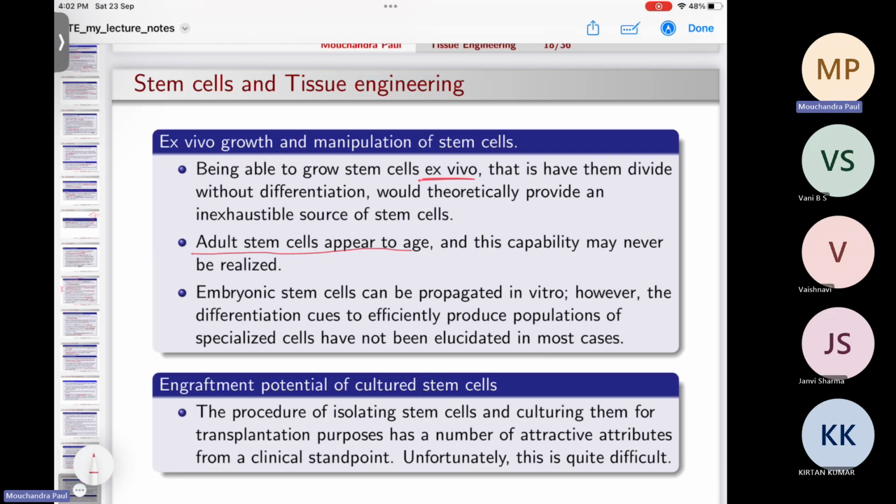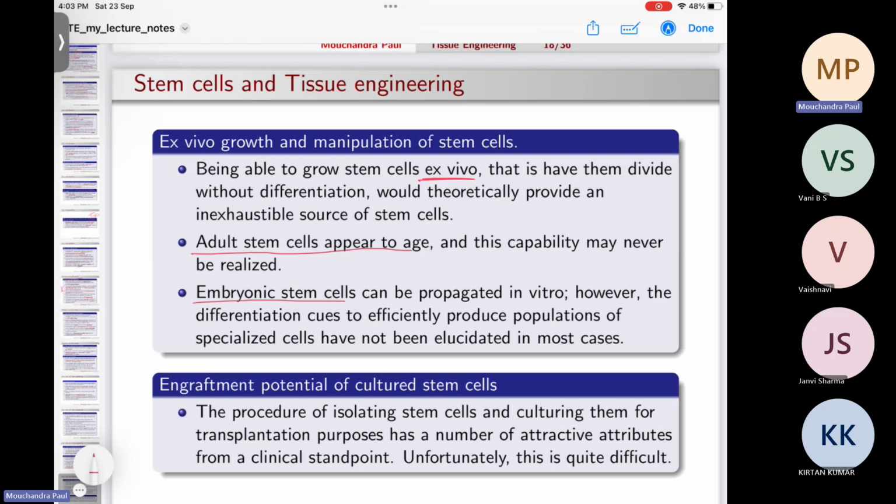If we talk about embryonic stem cells taken out from the blastocyst, they can also be cultured in vitro, like in tissue culture conditions. However, we are not completely aware of what differentiation cues are needed, or what kind of growth factor signaling is needed to control the differentiation of these embryonic stem cells into a desired lineage.